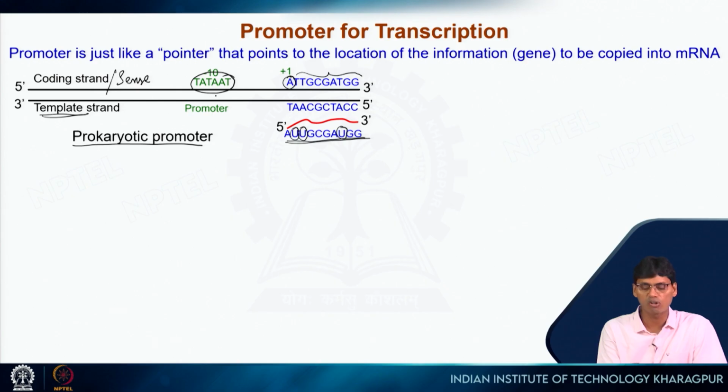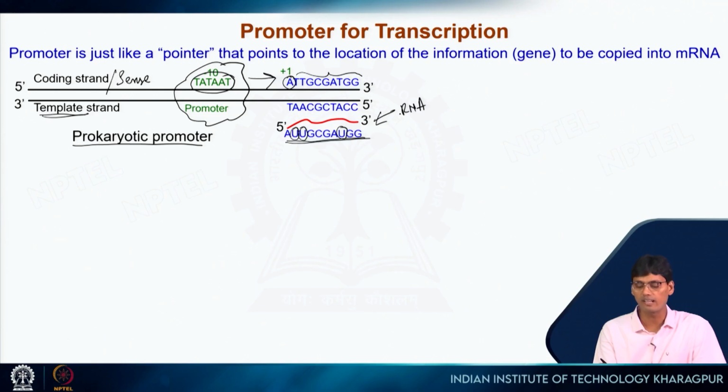This is called TATAAT. This sequence is present in the prokaryotic promoter, and it recruits the RNA polymerase, and therefore RNA polymerase will come here and then go in this direction, and finally we will have our RNA.